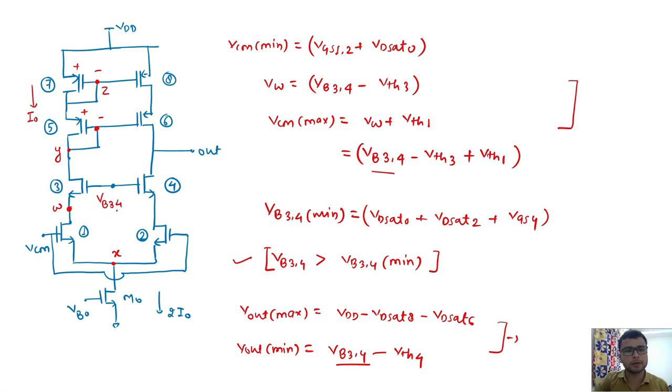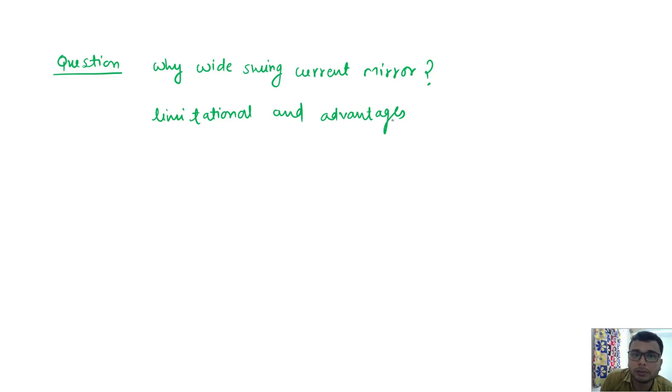Okay, while explaining this swing, yeah, this concept of why I choose wide swing current mirror. So the question for the homework is about limitations and advantages.